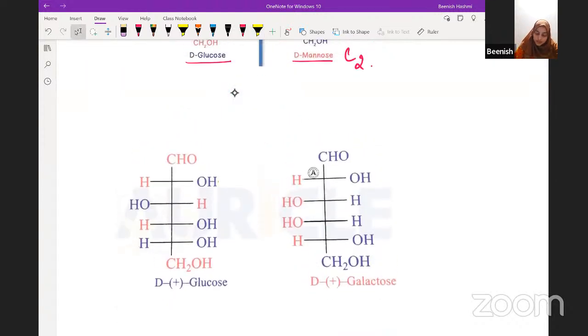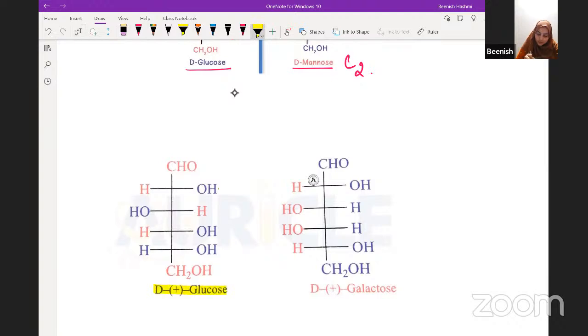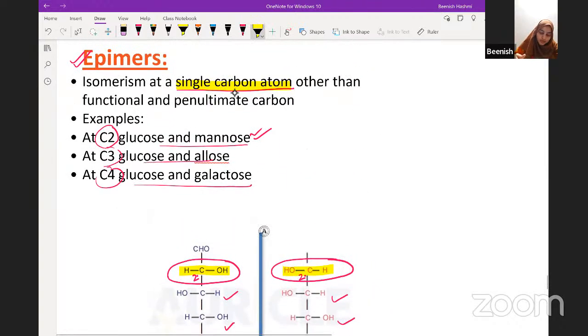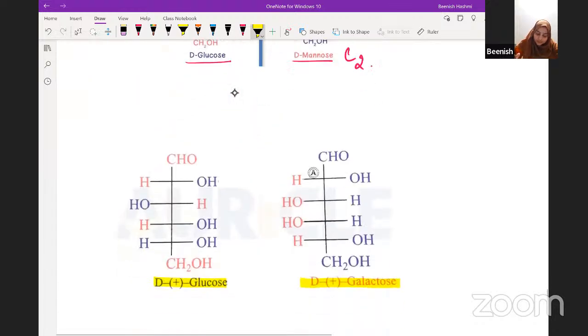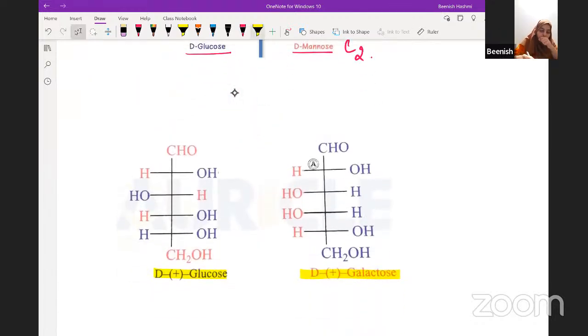Let's talk about glucose and galactose. So this is your glucose and this is your galactose. In glucose and galactose, there is a difference in orientation at carbon 4. So this is your carbon 4. You can see there is a difference in orientation at carbon 4.